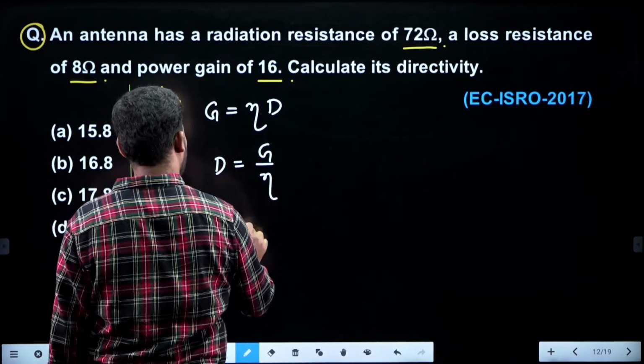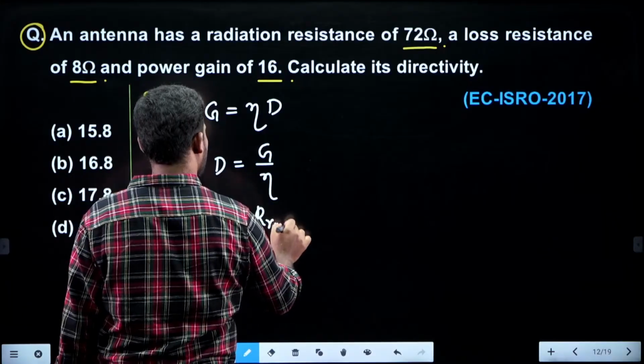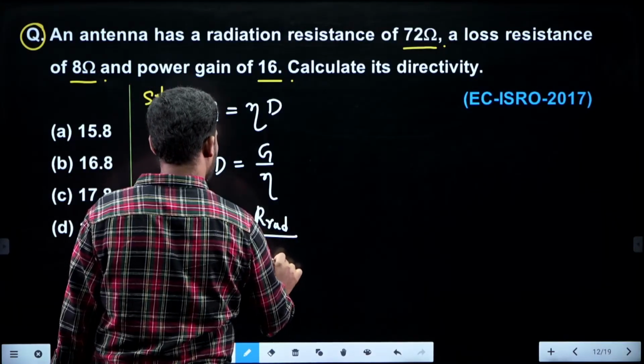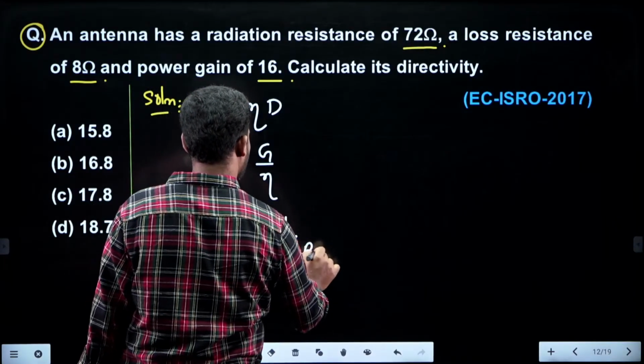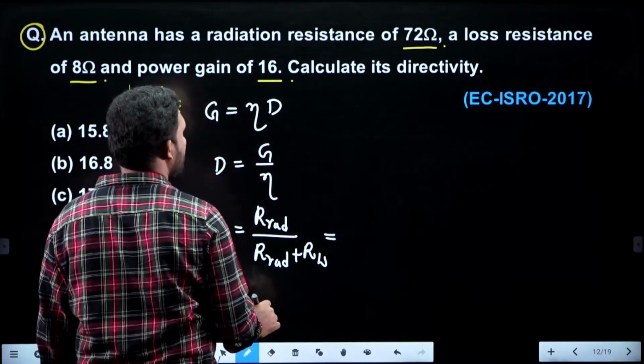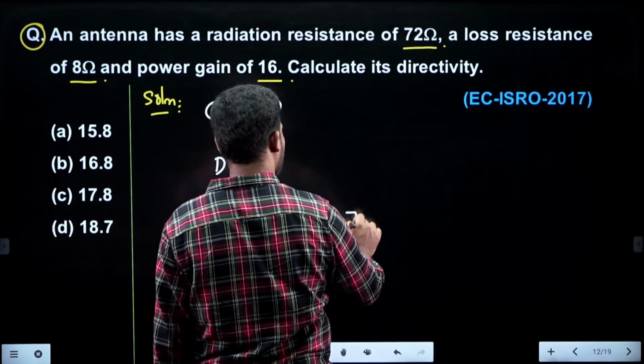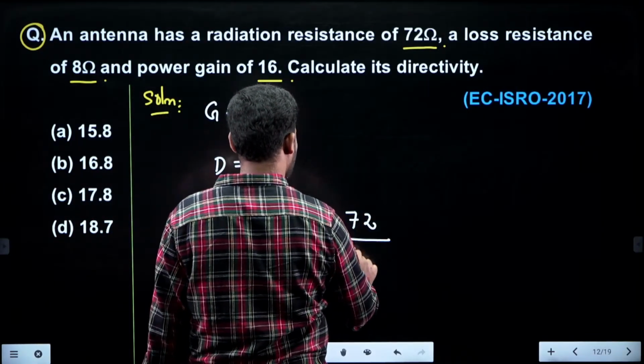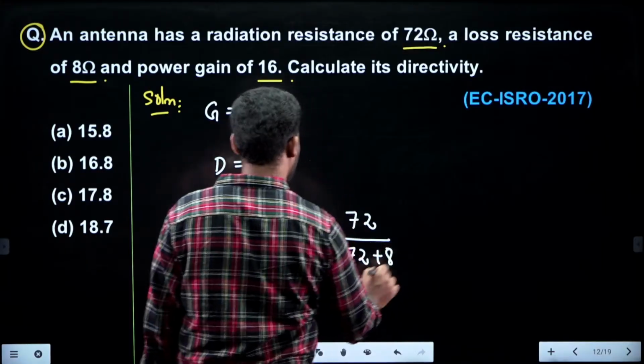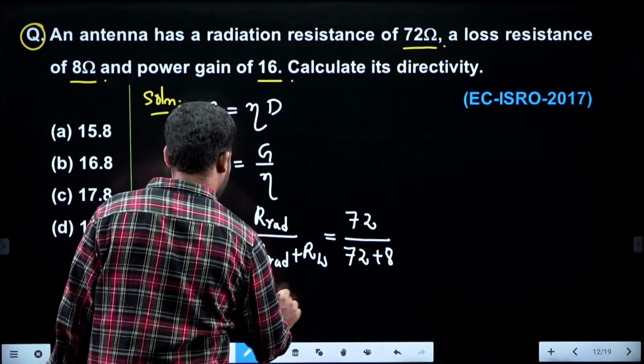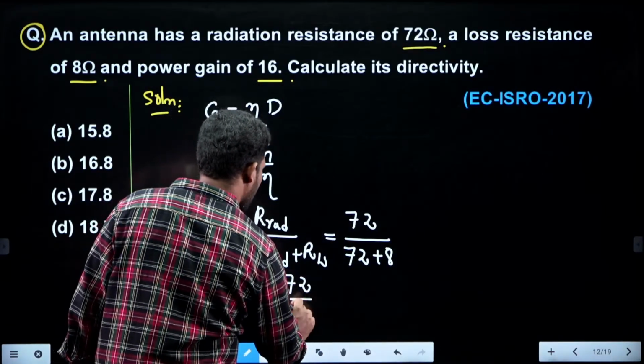Eta is the radiation resistance divided by radiation resistance plus R_L, which is 72 divided by 72 plus 8, that is 72 divided by 80.